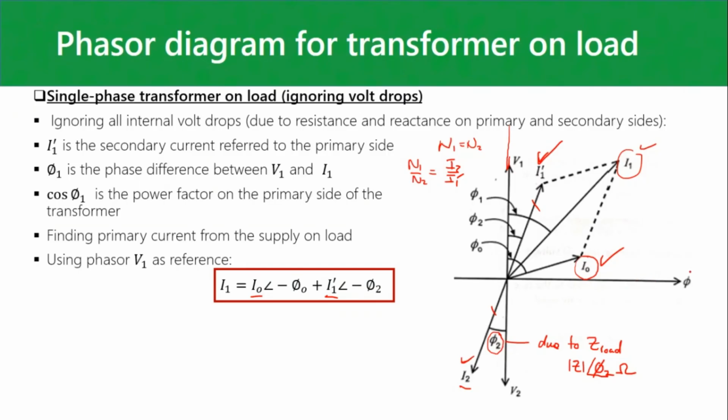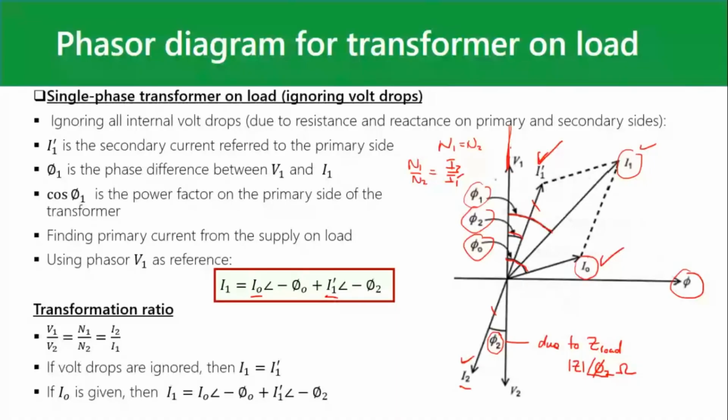But we're making the flux the reference. So the currents have to be measured relative to this voltage. So funny enough, you can see all of these angles are measured from here to here, here, and here. So just watch out for that.